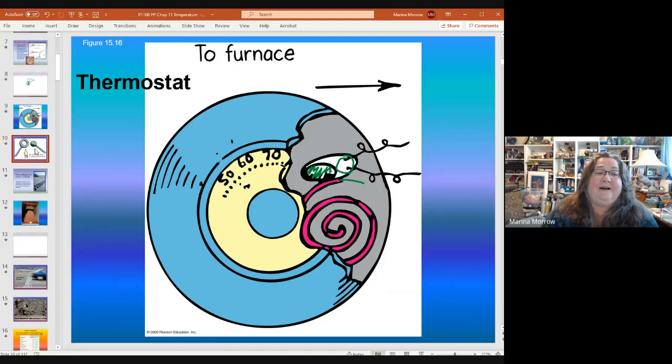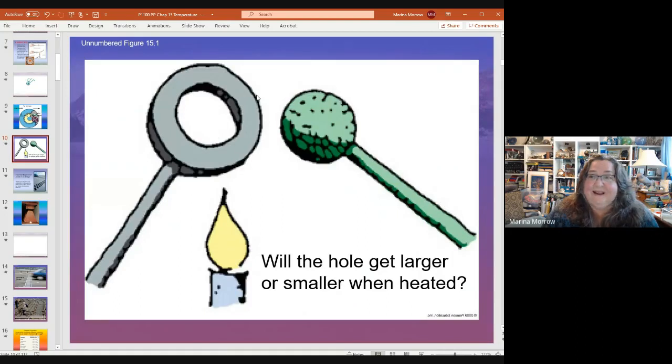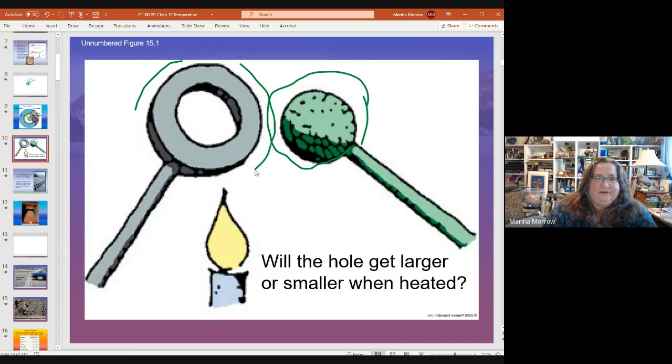Anyway, so materials do expand and contract as they are heated and cooled. And one of the questions, though, is, you can see something like this sphere is obviously going to get larger as it expands. But what about this ring? The outside, you can imagine, is going to get larger. But what's going to happen to the hole?